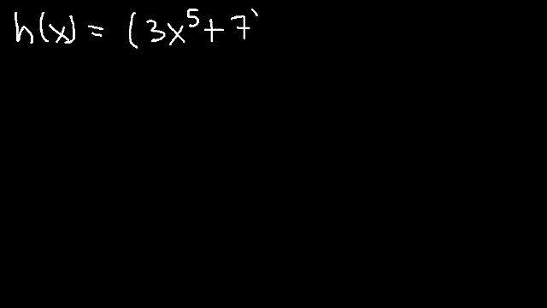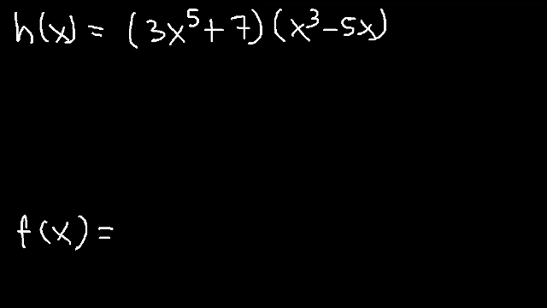Here's another one. Let's say h of x is equal to 3x to the fifth power plus 7 multiplied by x cubed minus 5x. So feel free to pause the video as you work through that example. So let's say f of x is equal to 3x to the fifth power plus 7.